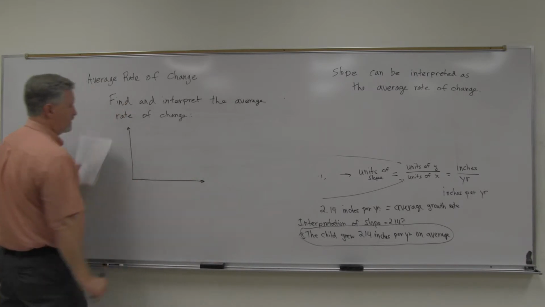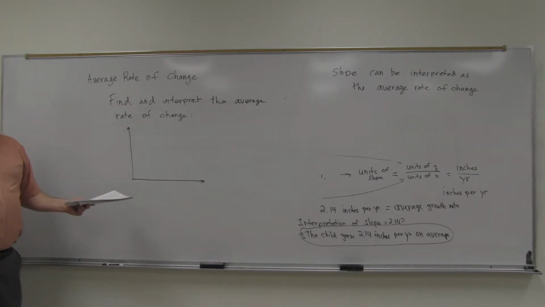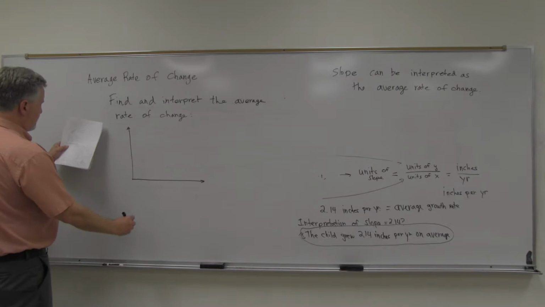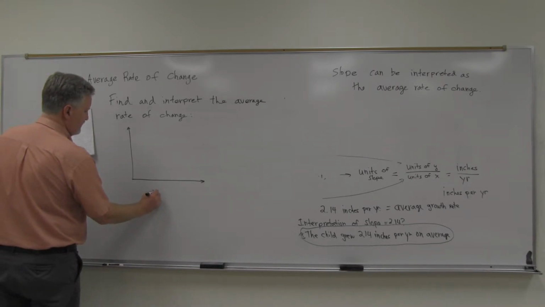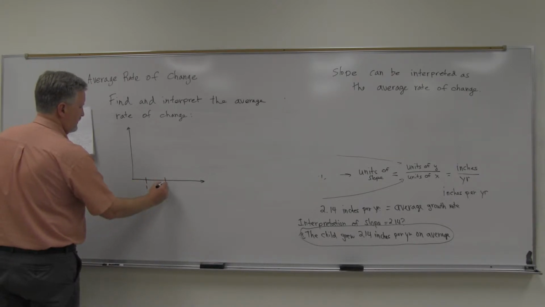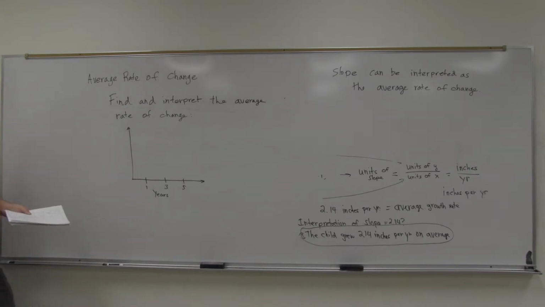All right, so we got a graph. It's just the first quadrant graph, but it is an XY graph, and treat it that way. Along the bottom here, we'll have the years. I'm just going to do 1, and then 3, and then 5, space them out that way.